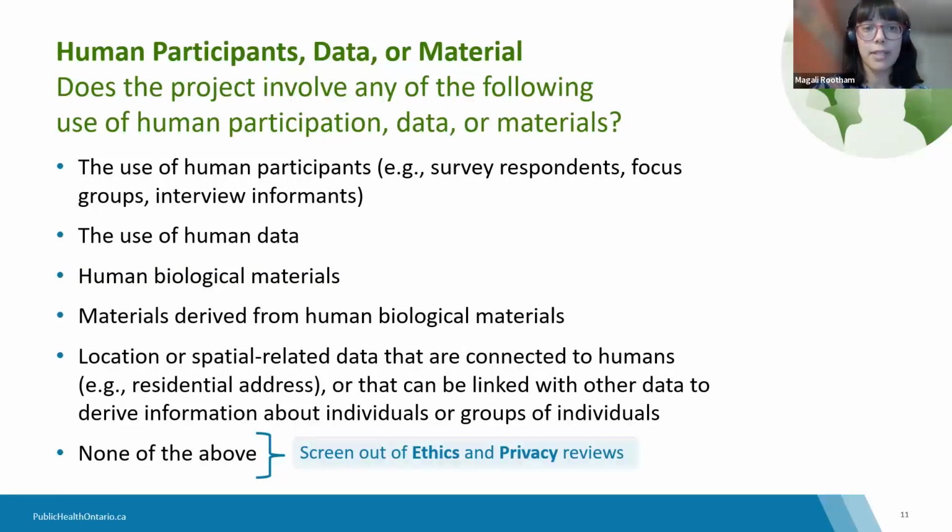But for the purpose of this criteria, it is. That's materials derived from human biological materials, and then location or spatial related data that are connected to humans, or that can be linked with other data to derive information about individuals or groups of individuals. I think sometimes people miss that question, and so I just wanted to draw attention to it.